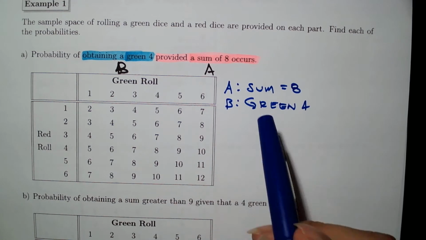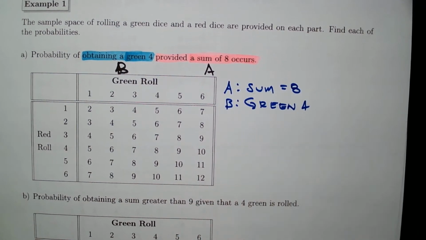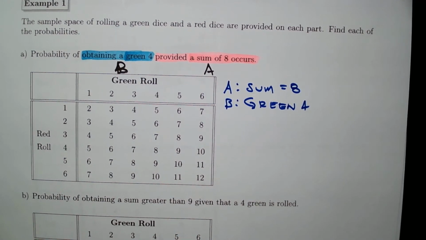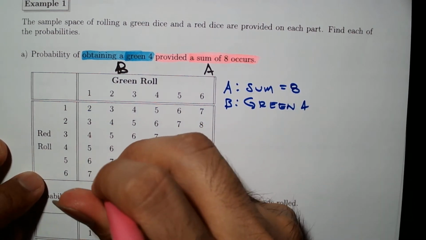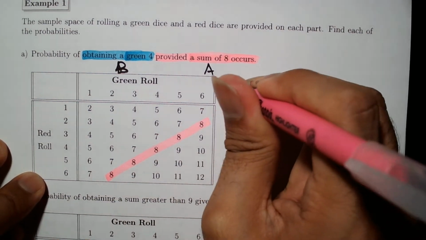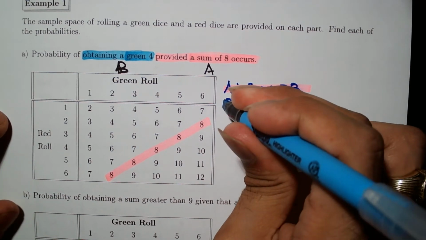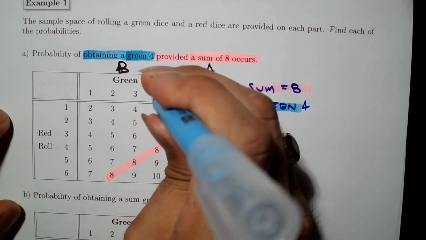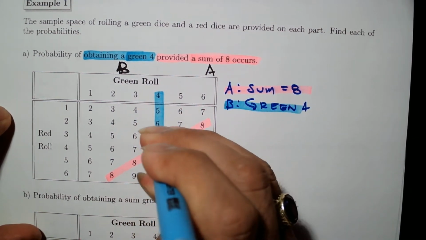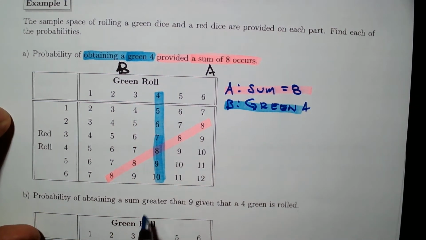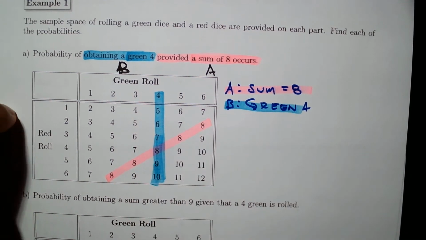I'm going to highlight all possible outcomes for sum equals 8. I'm going to use the same color, the number 8, the number 8. And for obtaining a green 4, I'm going to use blue. So green, and it has to be a 4. Notice there is an overlap already.